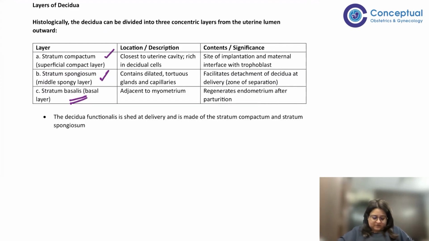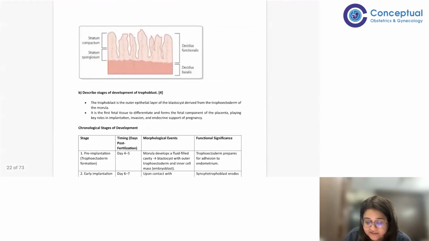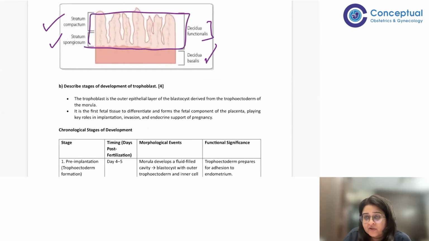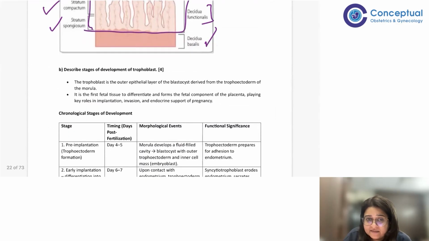This is the histological classification. You have two types of classification if you're asked about classification of the decidua. You have the basalis, and you have the spongiosum and the compactum. These two are called the decidua functionalis. So decidua basalis, decidua functionalis. This part gets shed off with the placenta at delivery.